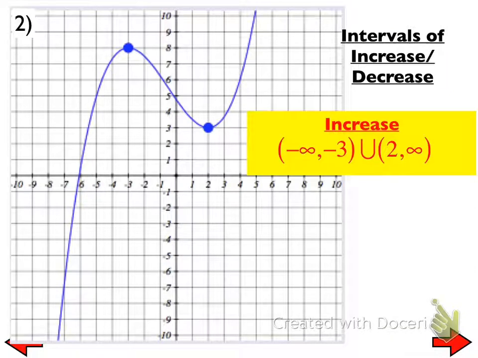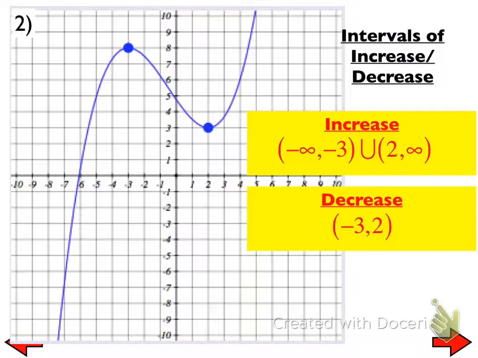And since we have two intervals there, we're going to connect them with the union symbol. And then clearly this thing is decreasing from here to here. So from -3 to +2 right there. Okay, so that's the intervals of increase and decrease.